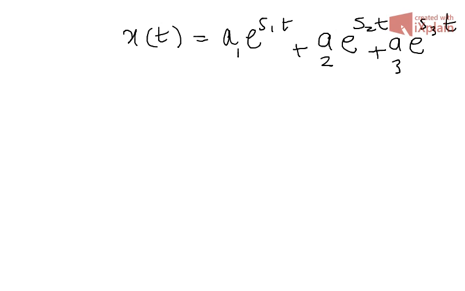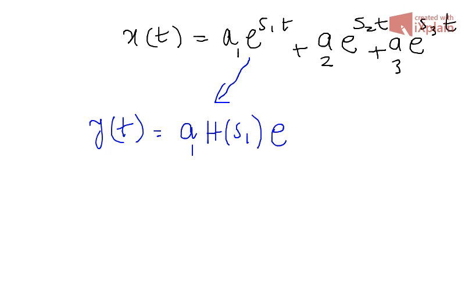You have three complex exponentials, so your input is the summation of three complex exponentials, and your output would also be the summation of three complex exponentials. We can write the output for this individual term as a1 H of s1 times the input e to the s1 t. It is multiplied with a1 because we have an LTI system, so any scaling factor at the input appears in the output as well.